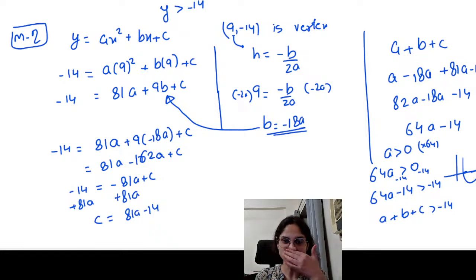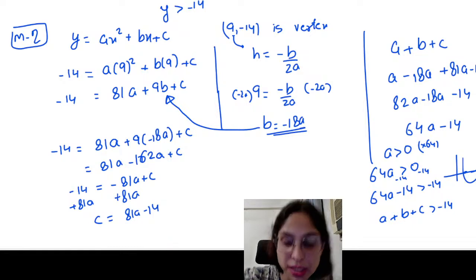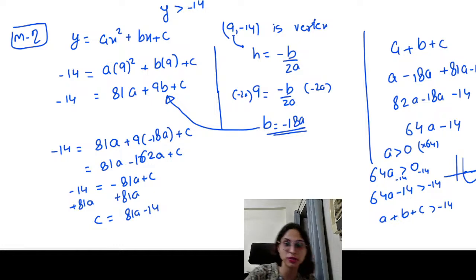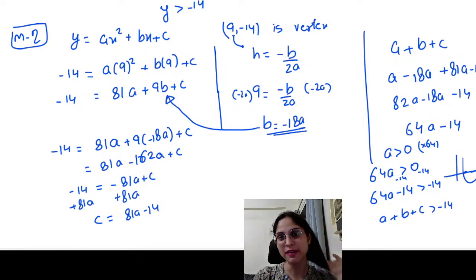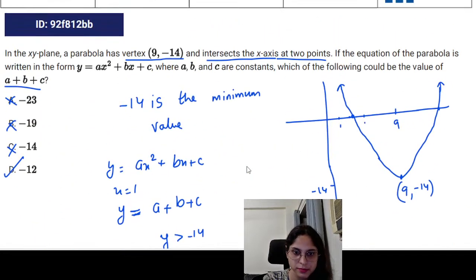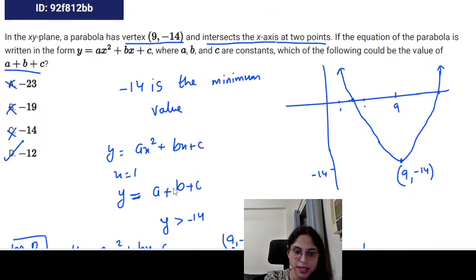So that's a lot more complicated method, where you're finding b in terms of a, you're finding c in terms of a, and then you're adding a plus b plus c. And again you're saying that a has to be positive, so this entire value has to be greater than negative 14. So the only option is negative 12. That's a lot more complicated. The easier thing that you can do is just this one. You're getting a plus b plus c when the value of x is 1, right?